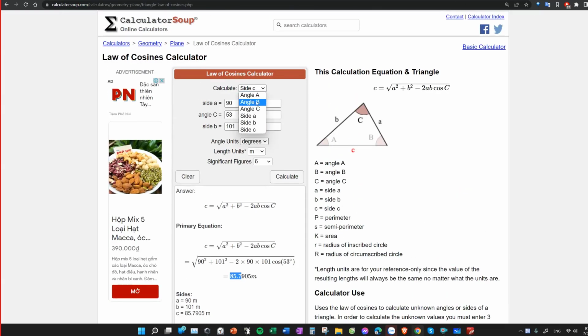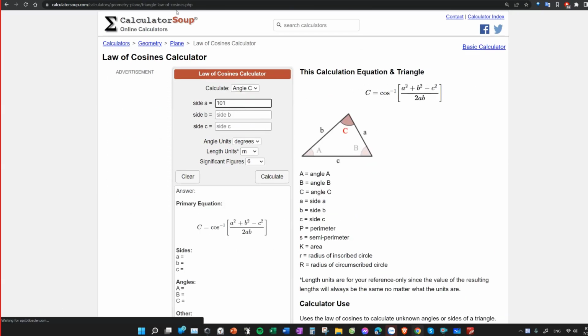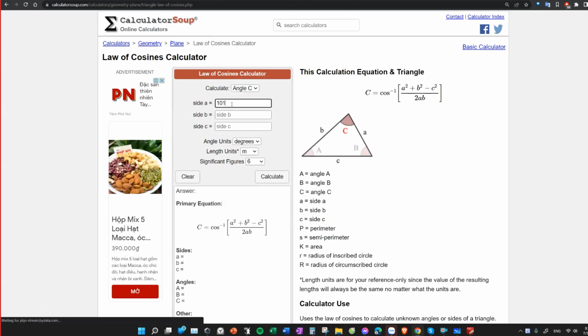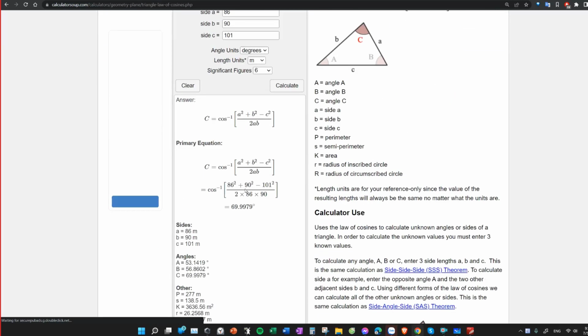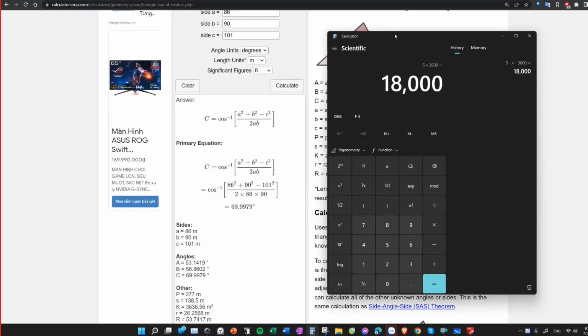Calculate the angle C, where A is 101, where 86, the other is 90, and the opposite side is 101. What is your result? Sorry, just a minute. 70.